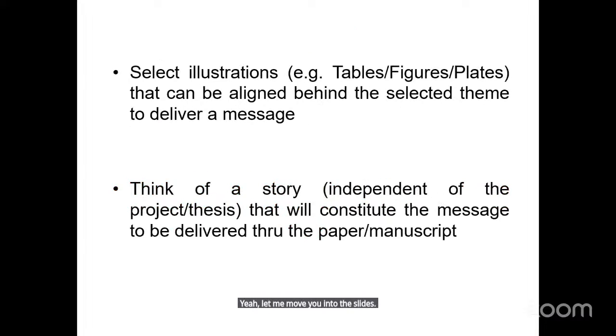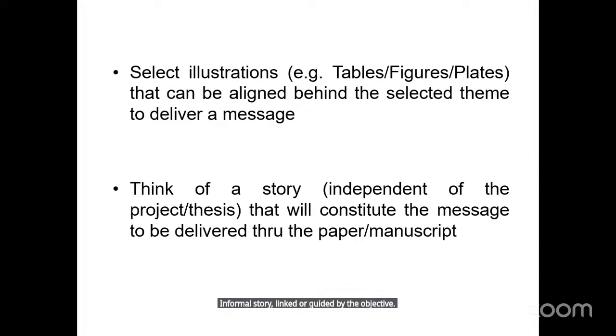Okay. So I said select illustrations and line them up behind the illustration that you picked, that fall behind the objective. And then write an interpretation in the form of a story linked or guided by the objective.